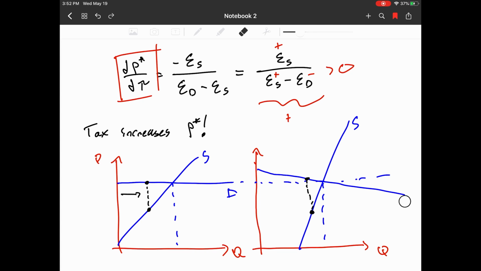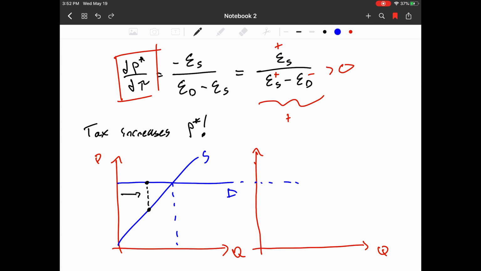I have not drawn this properly. Let me redraw this here. So we want a flat supply curve and a steep demand curve. What am I doing? Okay. All right. This is much better.